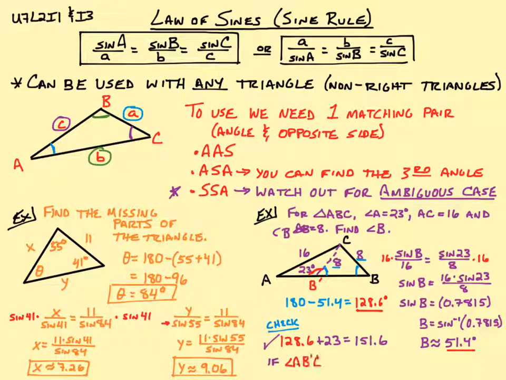Because if triangle AB prime C plus the given angle of A is greater than 180 degrees, then we're not going to have an ambiguous angle, because we've now exceeded the number of degrees in the triangle. So we always check this first to make sure that we don't have an ambiguous case.